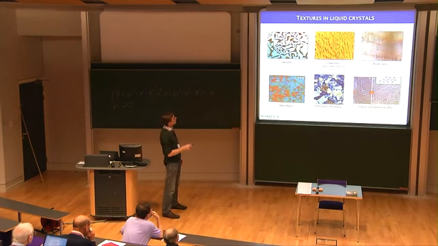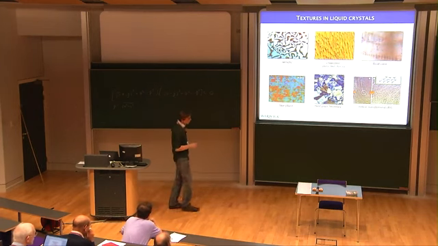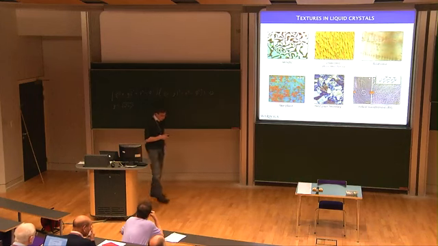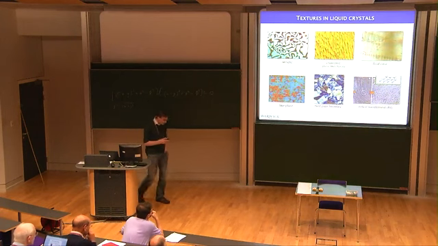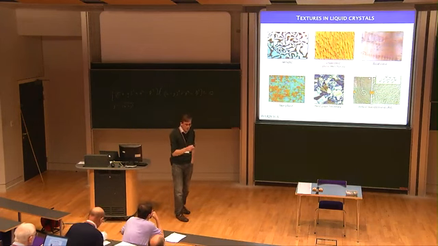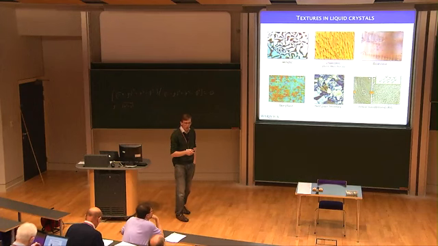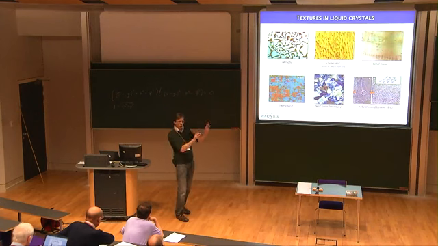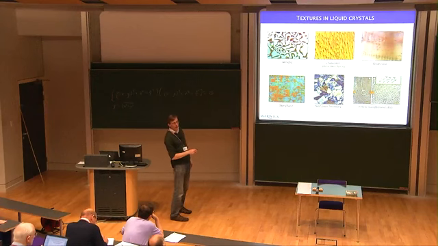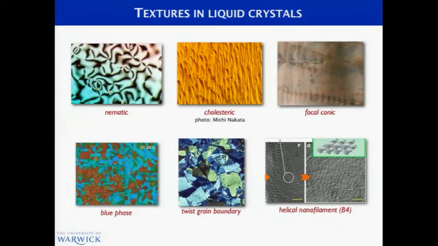These are mine. These are all textures that I have done some kind of work with at some time or another. And I think the thing I really want to emphasize about these is that in contrast to the sort of pristine images that you get in textbooks of what ordered phases are, where everything is perfect and you have uniform alignment in the nematic or perfect layers in the smectic, these are all characterized predominantly by the fact that they have defects in them, something that we've heard quite a lot about already today.